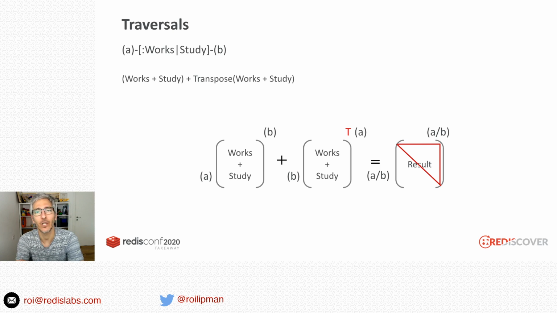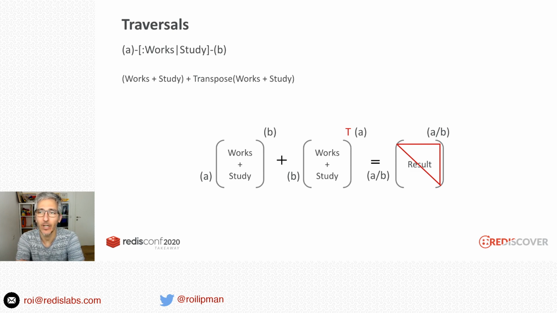Translating that into an algebraic expression, we get works plus study. So by adding those two matrices together, we're basically taking into consideration both relationship types. And then to make this algebraic expression direction agnostic, we add the transpose of that addition.